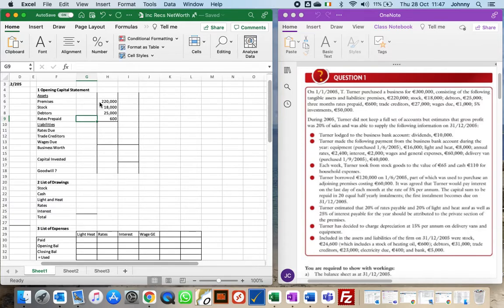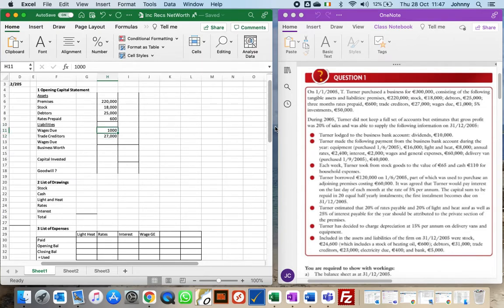Now, trade creditors is 27 grand. Wages due, so I'll put that in here. Again, it's a liability, 1,000.